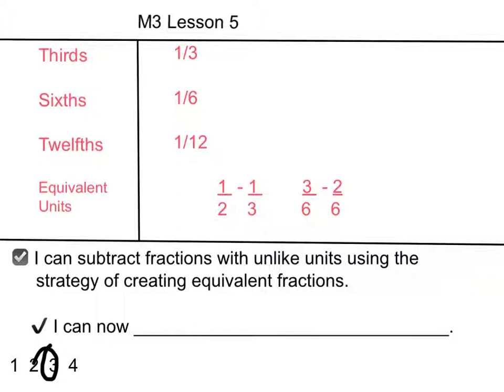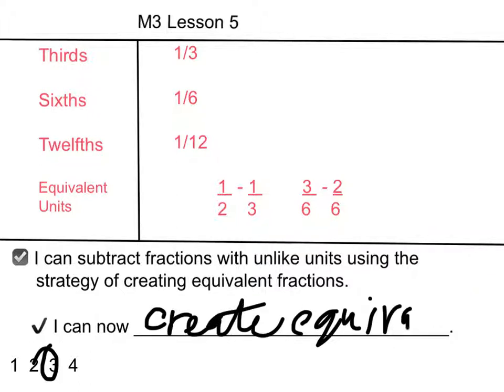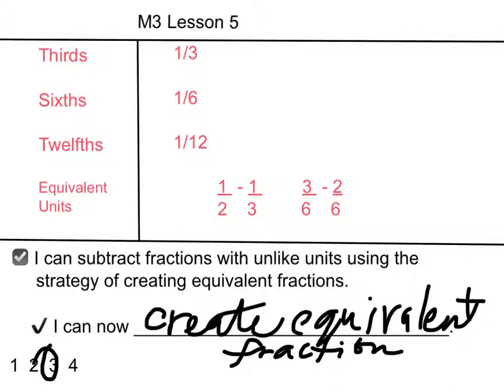Right? 3 means you can do the math 100%, but you still need to work on explaining your thinking. Okay, so what can you do today? I can now, can you create equivalent fractions? Write it down in your reflection. Good job.